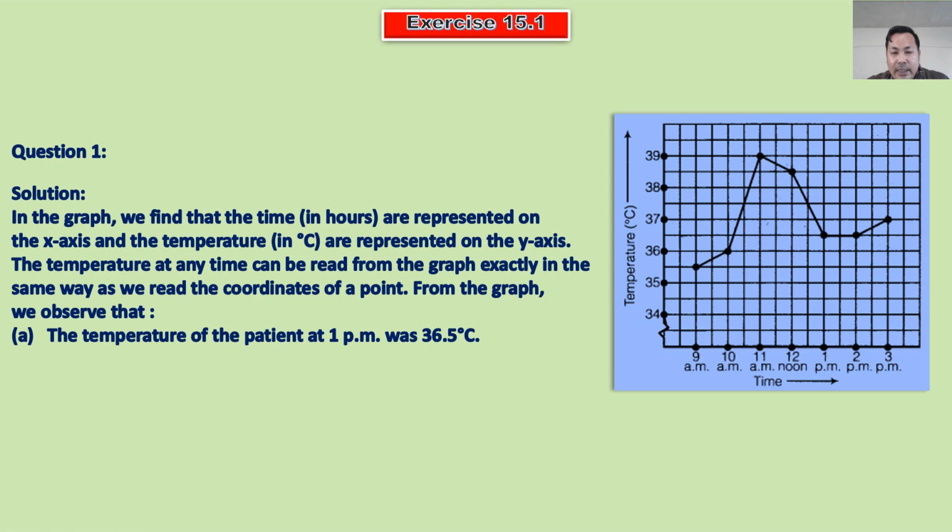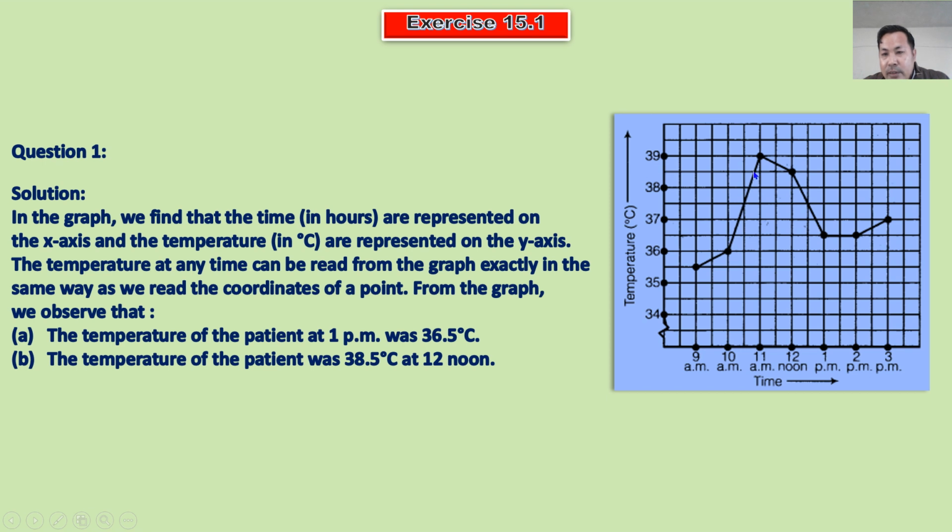Then next B. Let's see what the answer is. Next B, the temperature of the patient was 38.5 degrees Celsius at 12 noon. You can see here 38.5. The value of y 38 is here. If you check at what time the temperature of the patient rose up to 38.5, it is this point. In between this 38 and 39 lies the 38.5 degrees Celsius, isn't it?